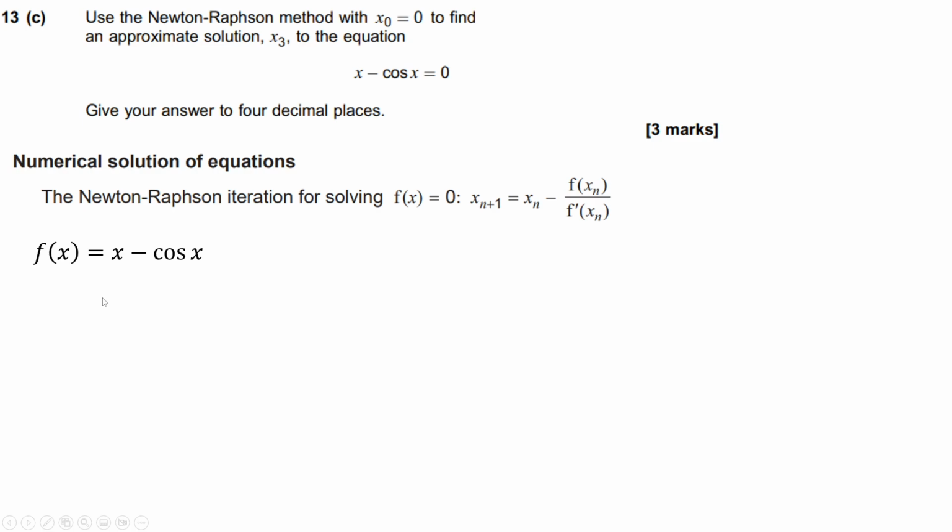This differentiates to 1. Minus cosine x differentiates into sine x, so it's going to be 1 plus sine x. And then literally just plug in the values. You know how to do this. x1 equals x0, which is just 0, minus f of 0 over f prime of 0. That's literally it.